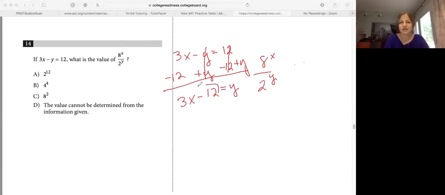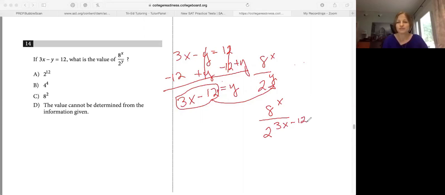Now, where I see y, I can plug in 3x minus 12. So I have 8 to the x over 2 to the 3x minus 12.